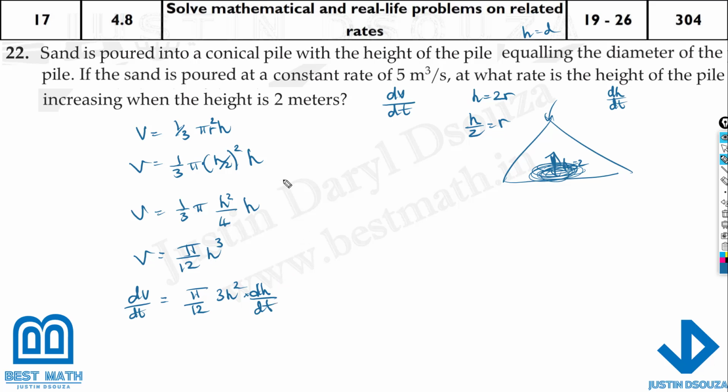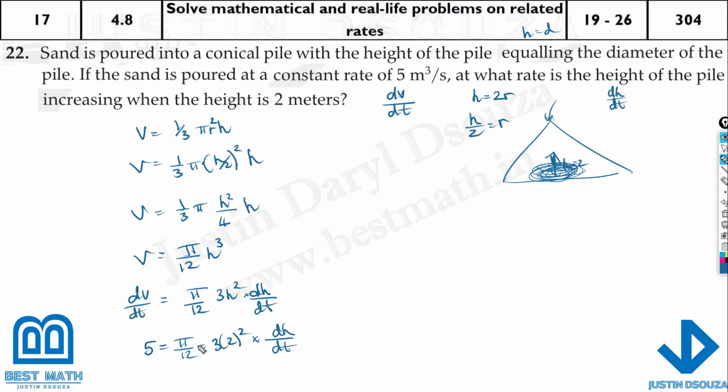Now, what do we know? We have to find the rate of change of height, that is dh by dt, at 2 meters. And we know what dv is also. So 5 is equal to pi by 12 times 3 into 2 the whole squared into dh by dt, which is unknown. So just put this in the calculator and you can solve it.